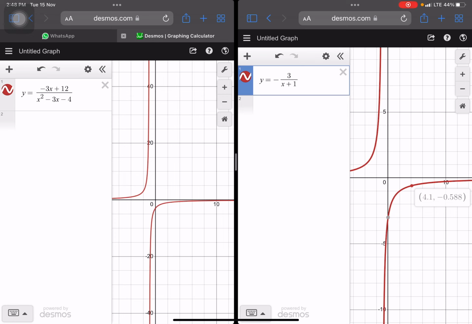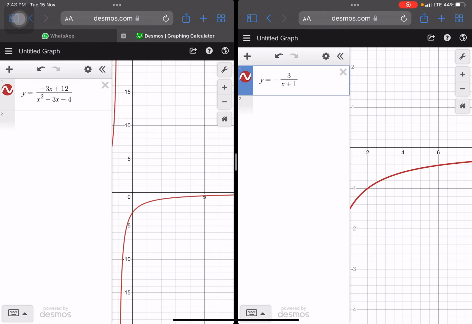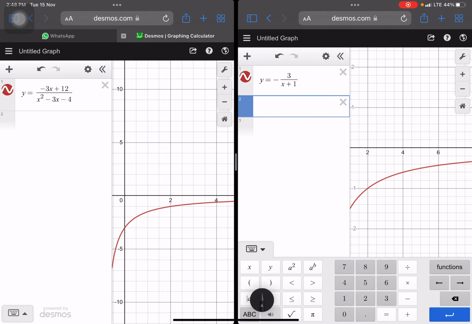Sekejap saya besarkan sikit. Okay, so 4 kan. So dekat sini, nampak tak? Saya dapat nilai negatif 0.6. Okay, so dekat graph yang dah simplified, I will get x equals to 4, y is equals to negative 0.6.